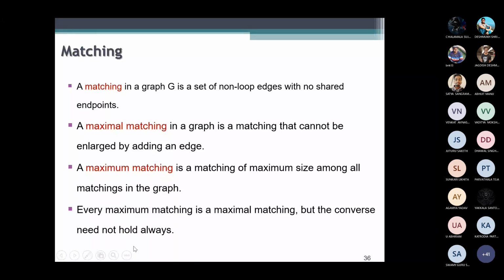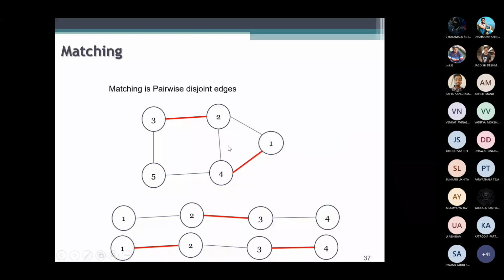Maximum matching is a matching of maximum size among all matchings in the graph, and matching is pairwise disjoint edges. Or you can say that it is a set of non-loop edges with no shared endpoints. Say 3, 2 and 1, 4, they are not sharing any endpoints. So these edges can be the edges of a matching.